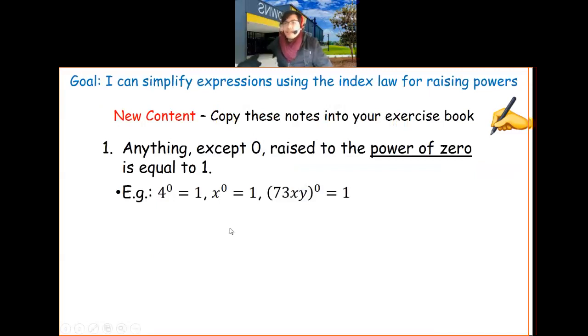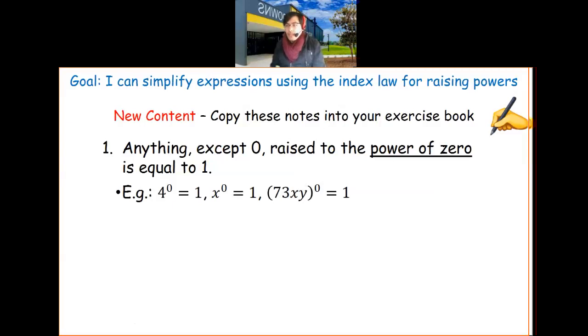Anything, except for 0, raised to the power of 0 is equal to 1. And I've given some examples here. The number 4, 4 to the power of 0 is equal to 1.